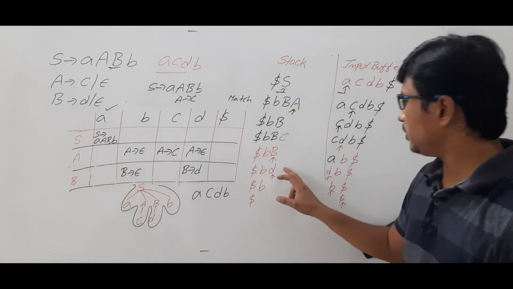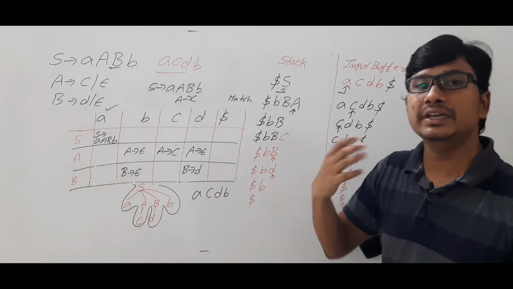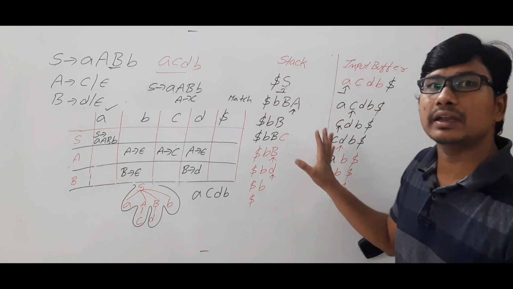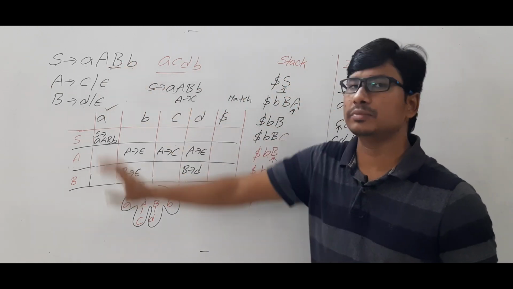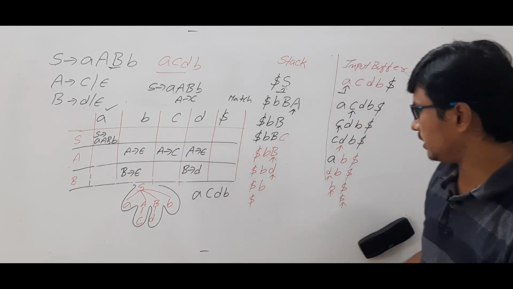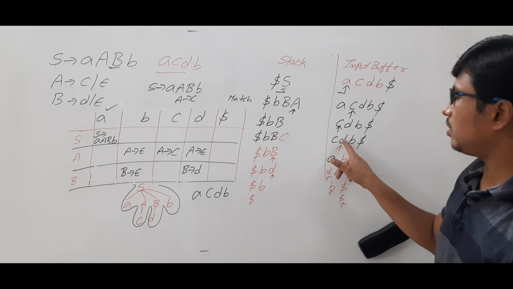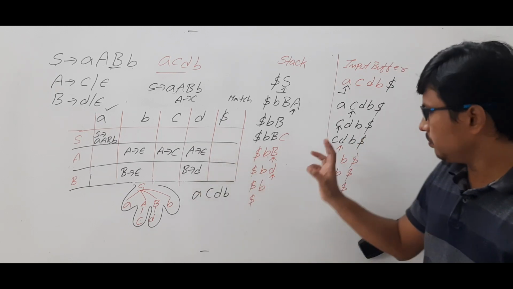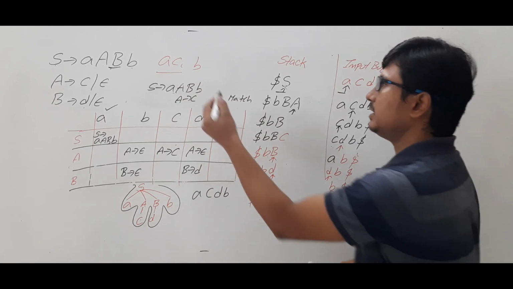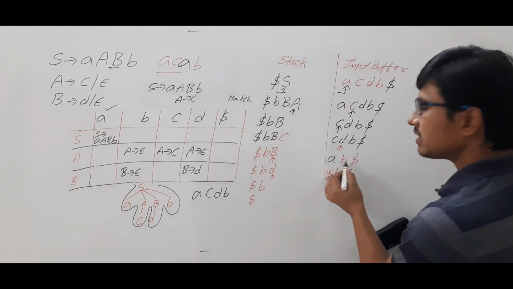Am I right? Whenever you get an error here, the meaning is that this string, whatever string you have taken, cannot be generated from this grammar. Are you able to understand? Let me repeat again. Here we have B on d, we use this one. In place of D, if I consider A here, then I will get a here.